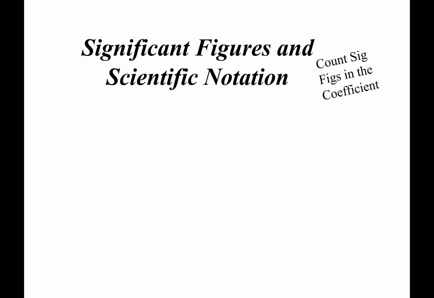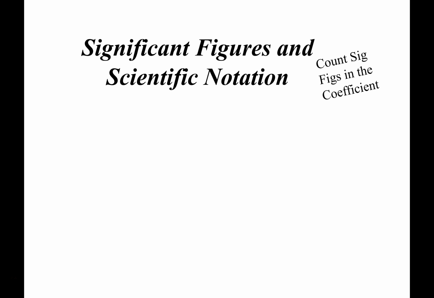Okay, the coefficient part needs to be, I usually just say between 1 and 10. I know there's splitting hairs sometimes, but between 1 and 10. The exponent part, if we are packing up a large number like this and moving the decimal from the right back to the left, is going to be positive.